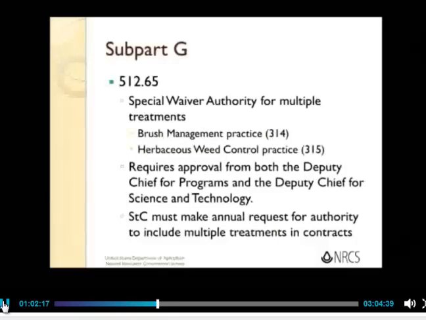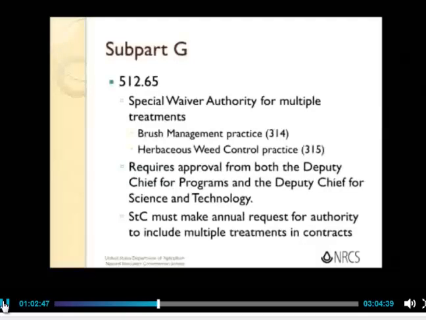But in brief, we have included in policy a special waiver authority for these two practices, brush management and herbaceous weed control. It's not to be extended to any other practices. It's only for these two practices, which would allow payment for multiple treatments which are required to meet the full practice standard.